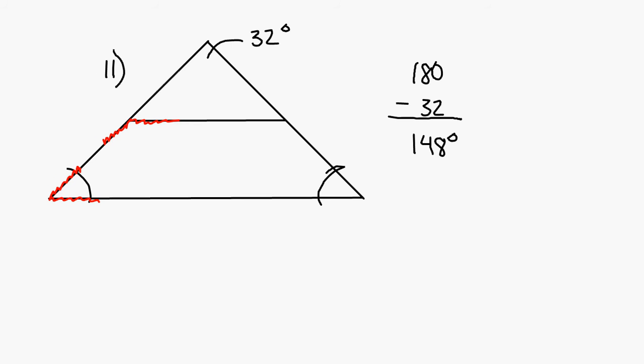Which means that these two angles down here have to add up to 148, but they're equal to each other. So if you divide the 148 by 2, you're left with 74 degrees. So each of these angles are 74 degrees. That's the first part of the question.